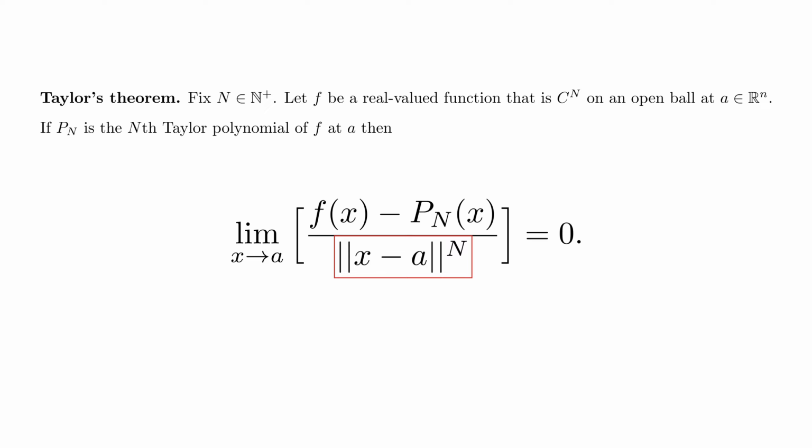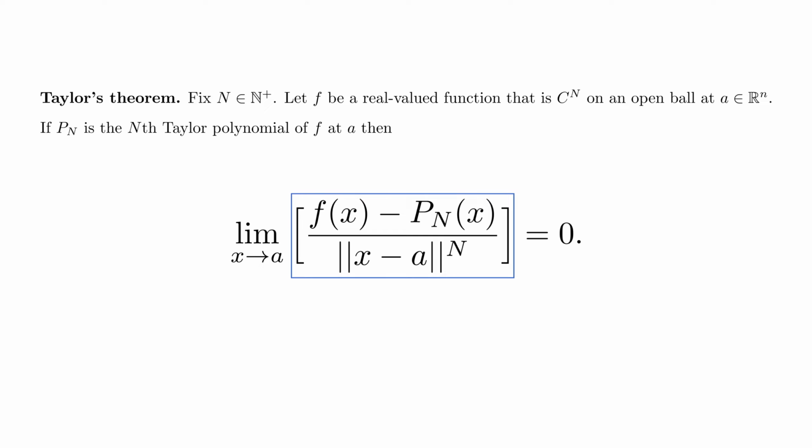If x is very close to a, meaning the norm of x minus a is close to 0, then this denominator is very small. Indeed, a larger value of n will correspond to a smaller denominator. By taking the ratio of these quantities, we are comparing how fast the error tends to 0 compared to the norm of x minus a to the n as x approaches a.